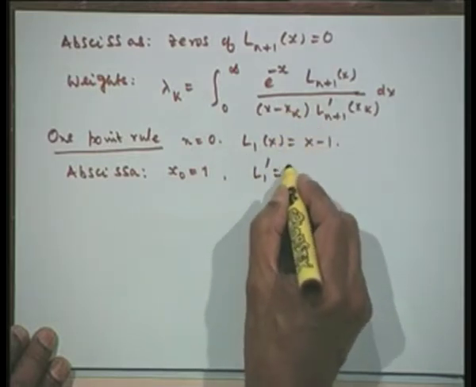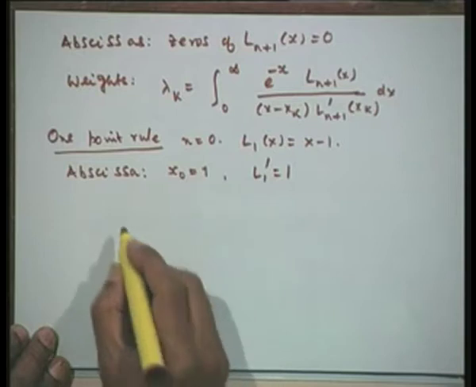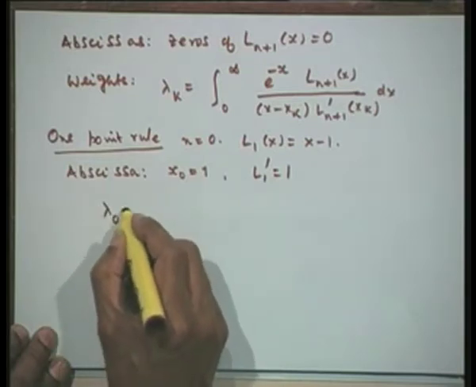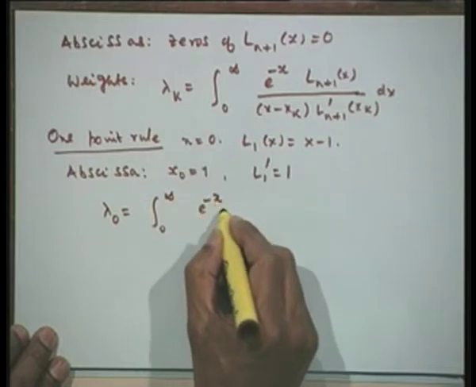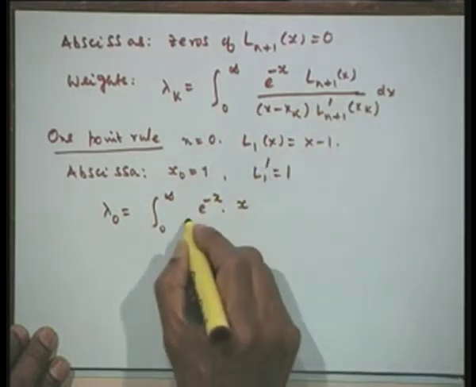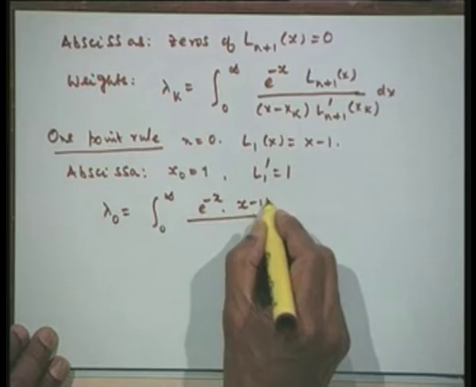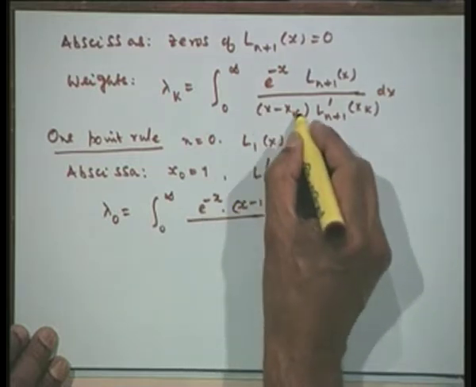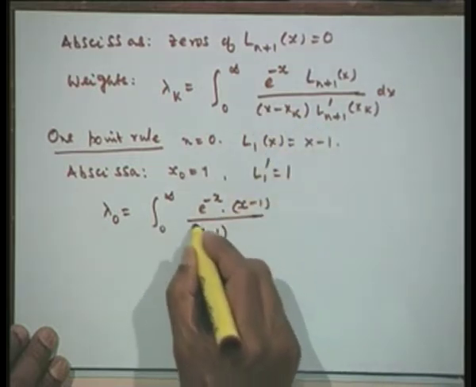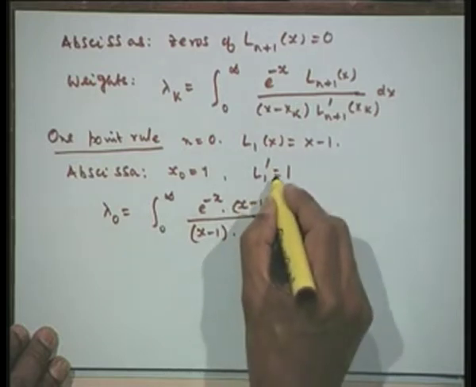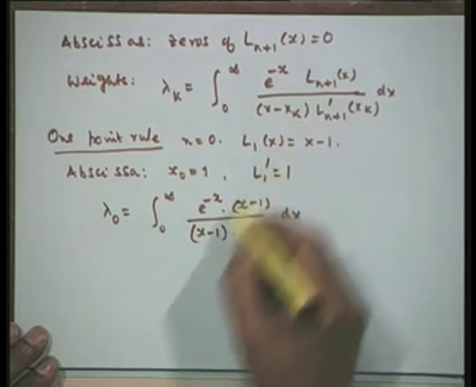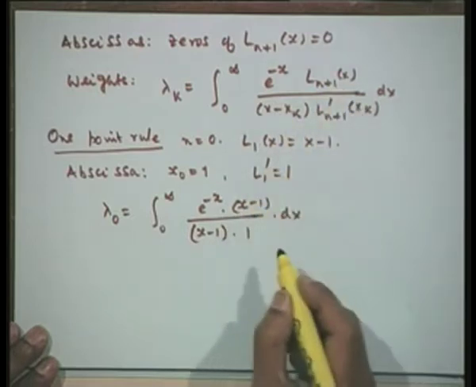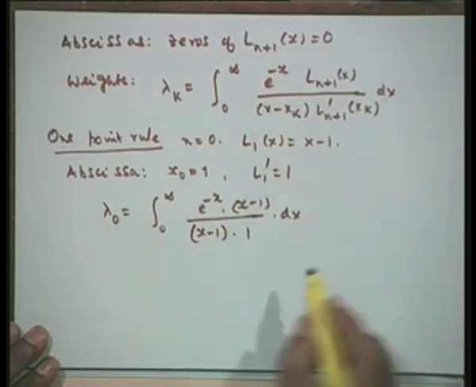So, let us differentiate, that is 1. Therefore, lambda 0 is the integral from 0 to infinity of e to the power of minus x, x minus 1, divided by x minus x k, that is x minus 1, into the derivative, which is 1. L n plus 1 is x minus 1; the leading coefficient is only 1 here.